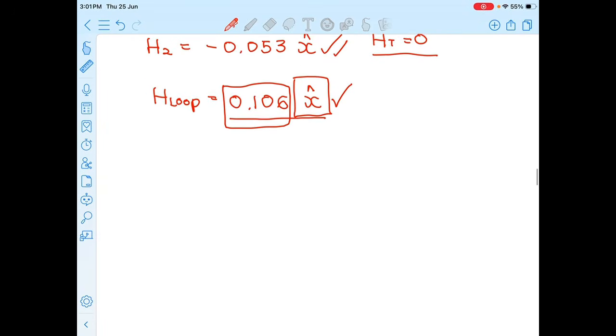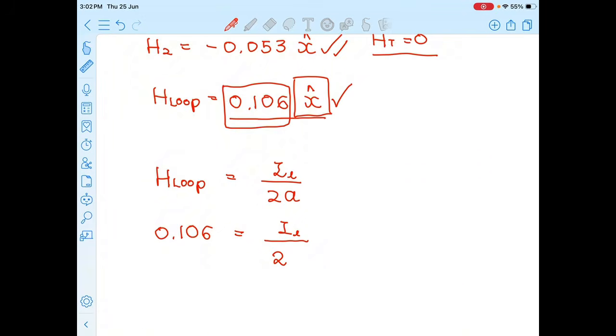To find the H loop, we are going to apply the formula, which is I over 2A. We want it to be 0.106 so that the H total is equal to 0. So what should be our I loop?